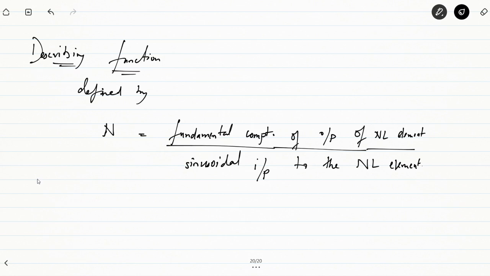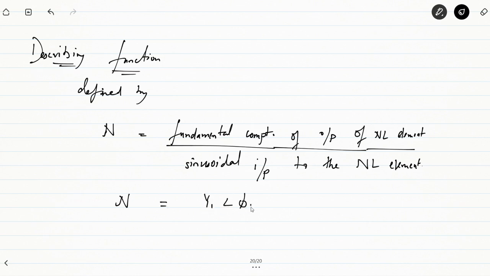For the fundamental component of the output of the nonlinear system, you are not taking all of the output, we will only be concerned with the fundamental component of the output of the nonlinear element, over the input, that is the sinusoidal input in this case. So again, it's a ratio of output to input, but the output is only the fundamental component and the input is the sinusoidal input, and it is shown as y1 angle phi 1.